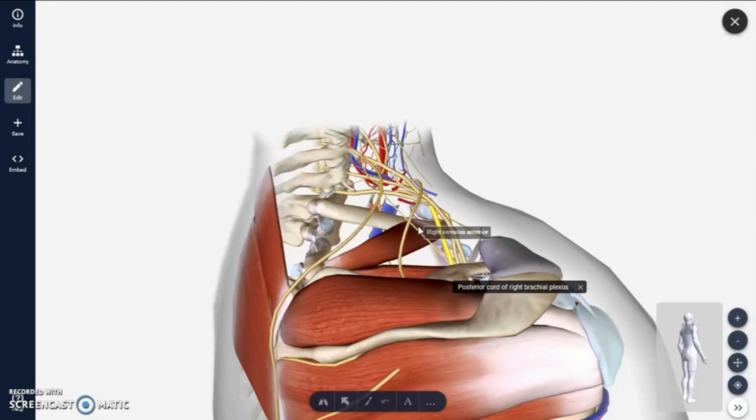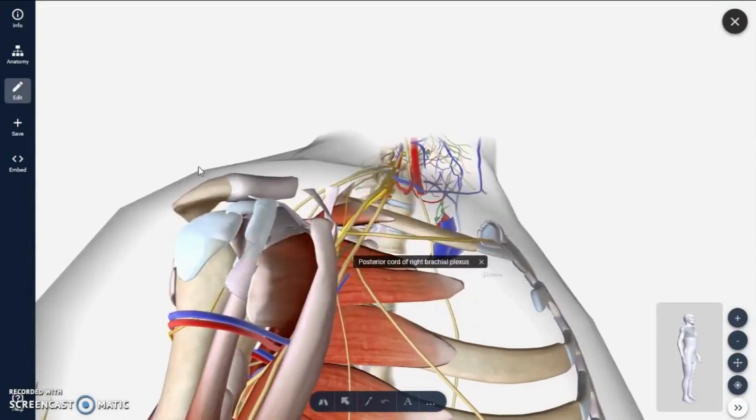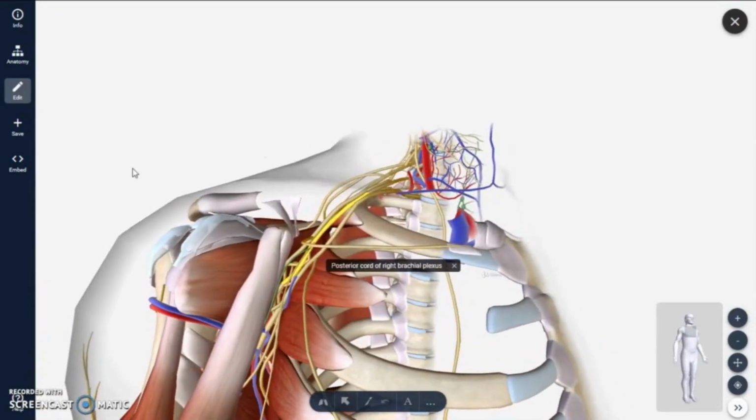And these cords are going to give many branches. The lateral cord will give 3 branches and the remaining 2, that is the medial cord and posterior cord, will give 5 branches each. About the details of these branches we will deal in detail in our next session.